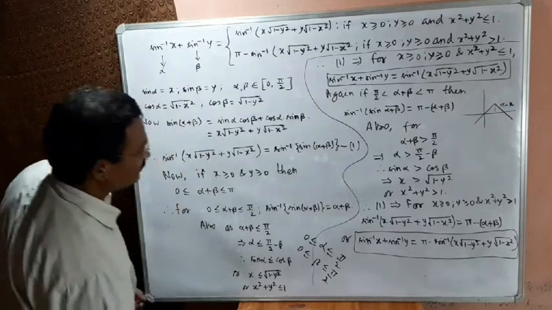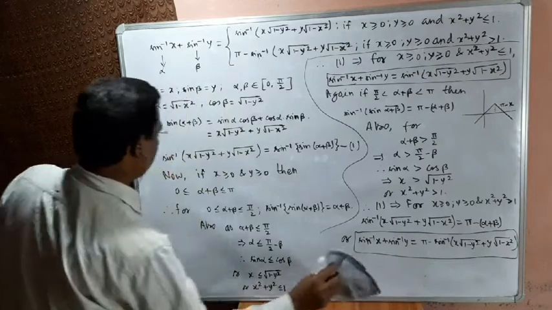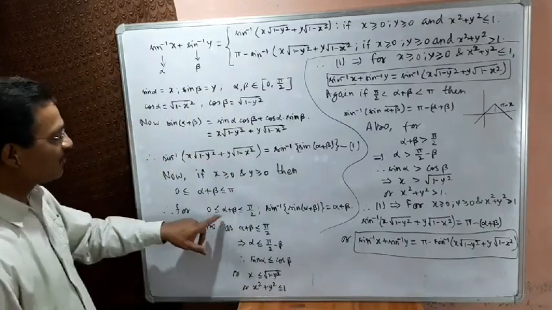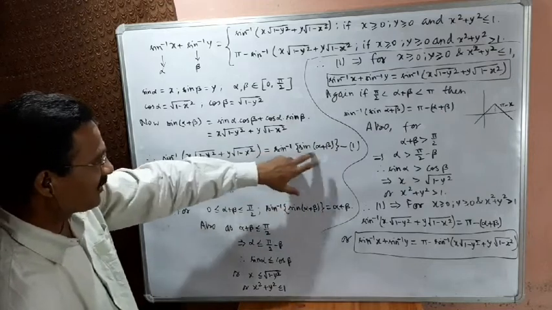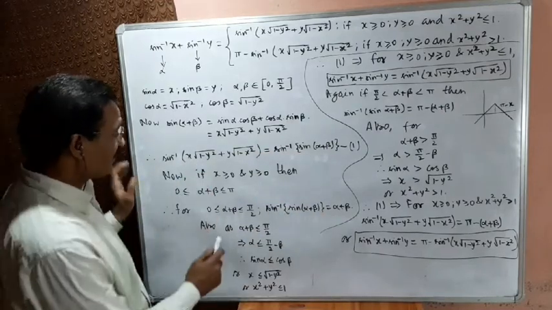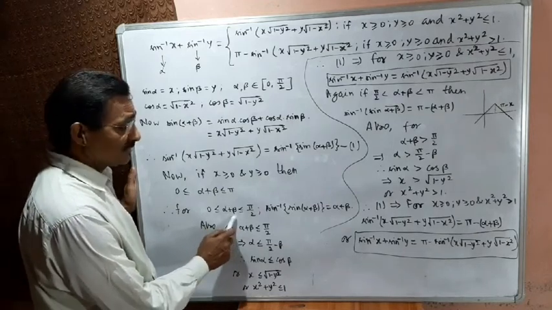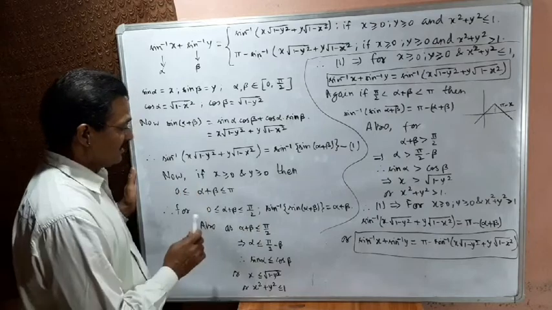Now in 0 to pi there are two possibilities. If alpha plus beta lies between 0 to pi by 2, then this will be exactly alpha plus beta. Clear? But if alpha plus beta exceeds pi by 2, that is, alpha plus beta lies between pi by 2 to pi.